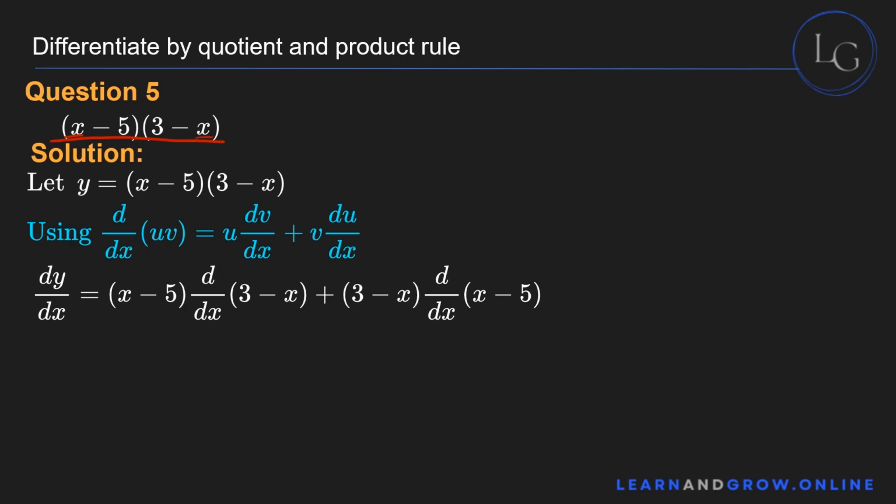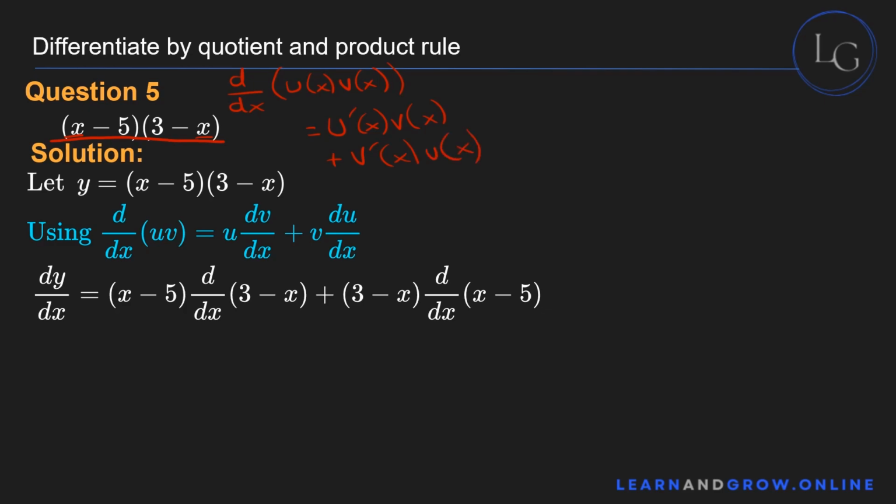So the product rule states that when you have to differentiate two functions, let's just take u of x being multiplied with v of x, that will just be equal to the derivative of u multiplied with v, plus the derivative of v multiplied with u.